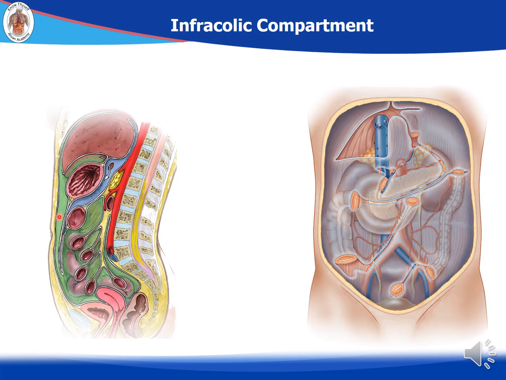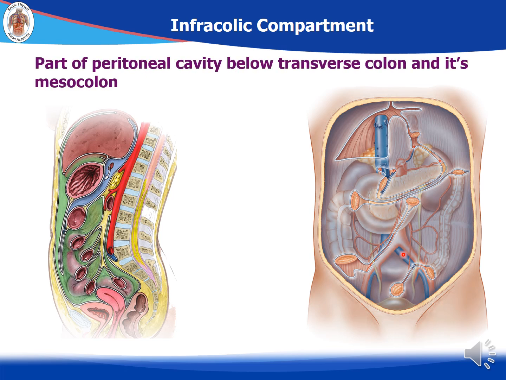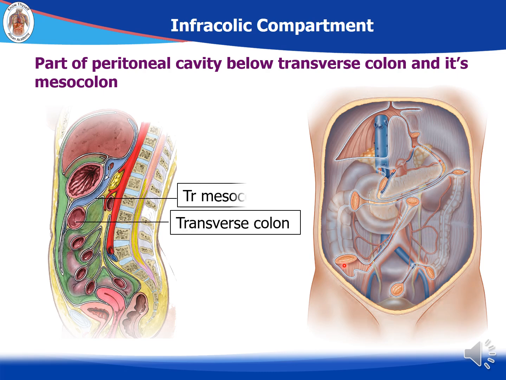Now the infracolic area, below this attachment, you can see on the posterior wall the root of the mesentery obliquely divides this area into a smaller right triangular part and a larger left part. So the transverse colon and its mesentery separate the supracolic from the infracolic area. The infracolic area is below the transverse colon and transverse mesocolon.